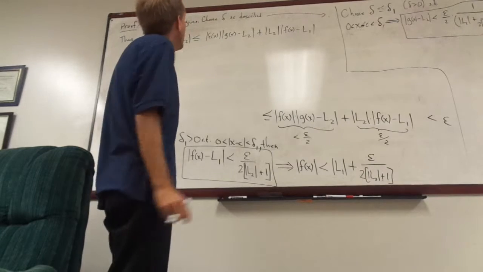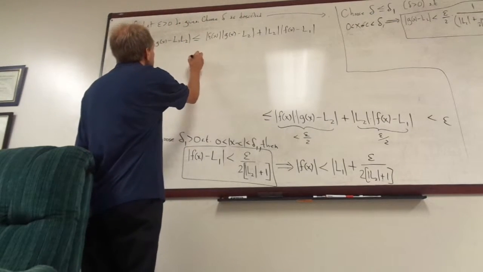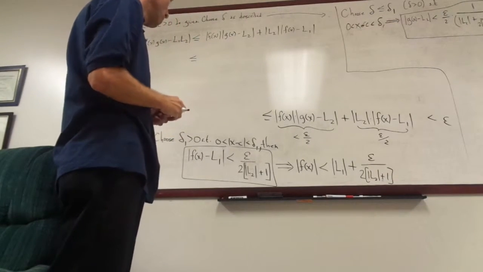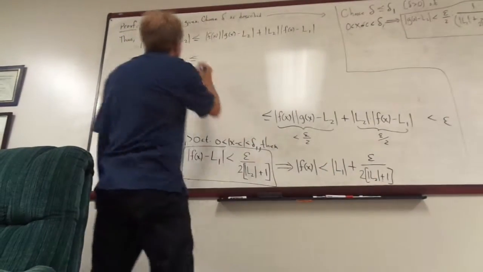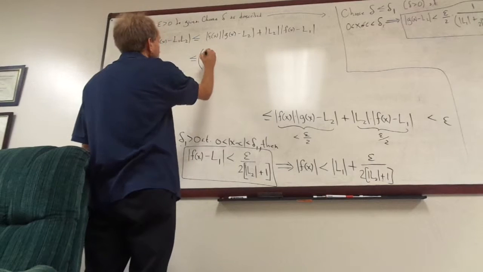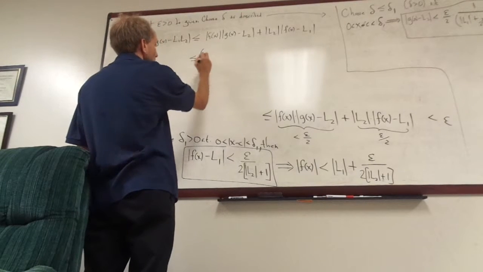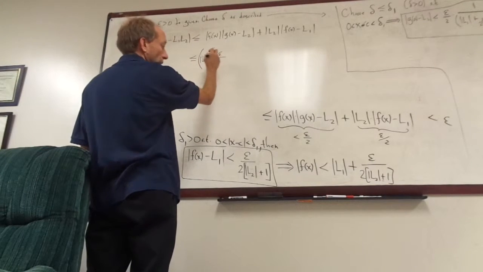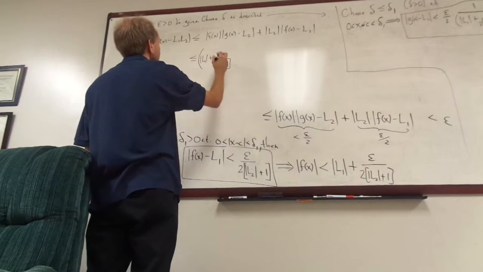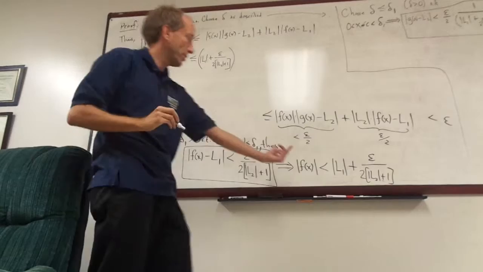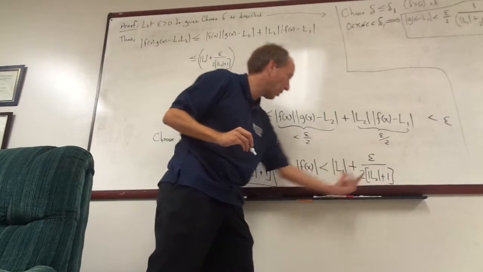Okay? So then what we have here is that this is less than or equal to, okay, I can make f of x larger. I'm going to replace it with this thing. So right here I'm just replacing this with something larger. So absolute L1 plus epsilon over 2 times absolute L2 plus 1, all of that, okay? That's just this inequality right here.